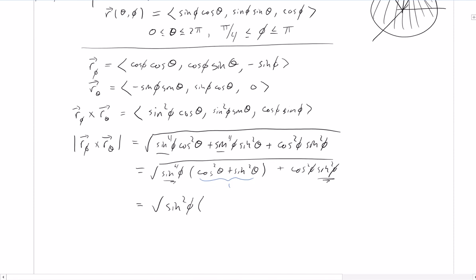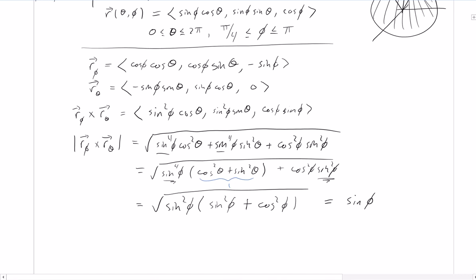In the first term, we're still left with 2 factors of sine phi, and in the second term, we're left with cosine squared phi. Again, using the exact same trig identity, this part in parentheses is just equal to 1. And so we just have the square root of sine squared, which is sine phi.